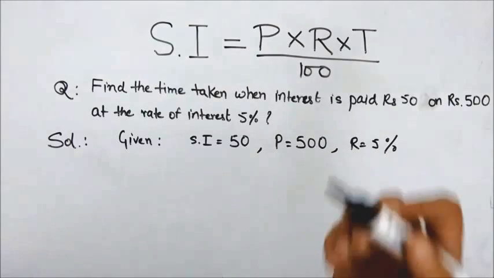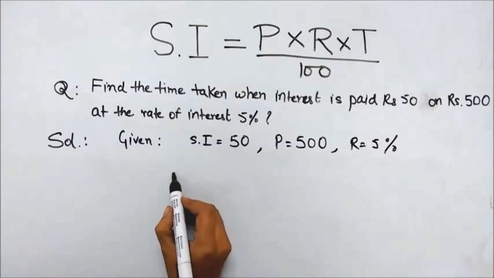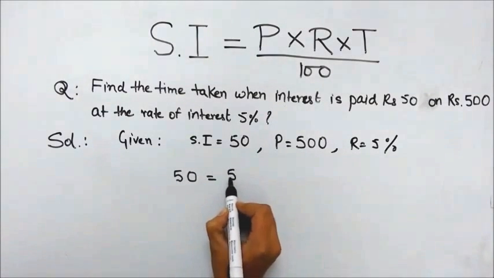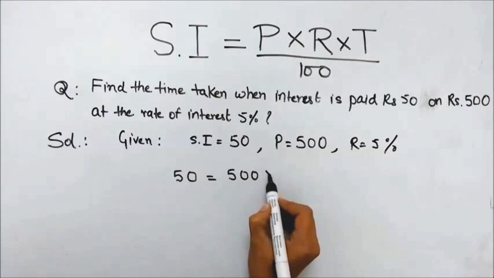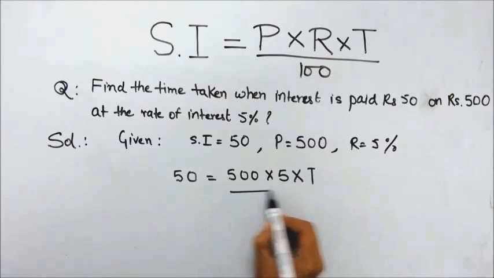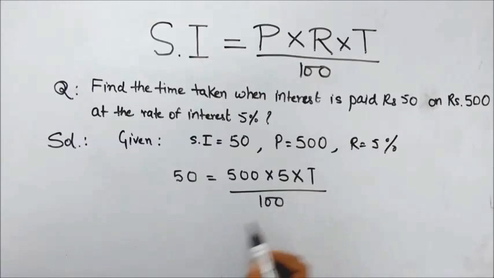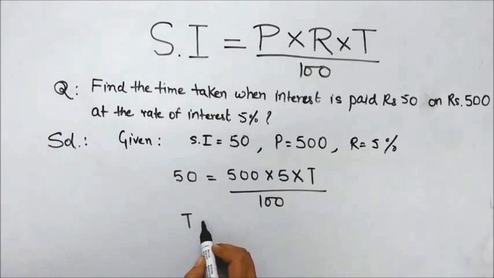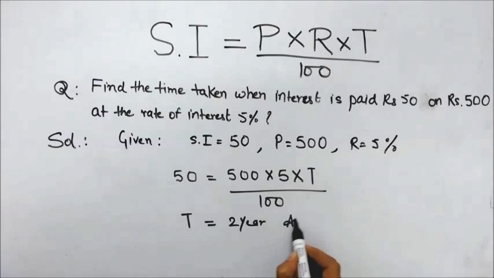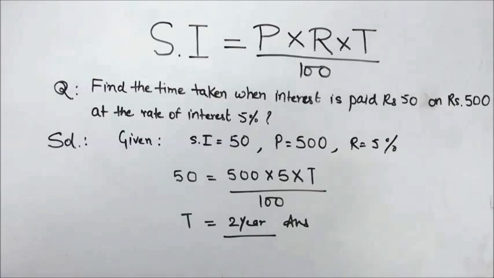Put the values in the above formula. Simple interest 50, principal 500, rate of interest 5, T is time, divide by 100. After solving the above equation, you get the time 2 years. And this is the final answer of this question.